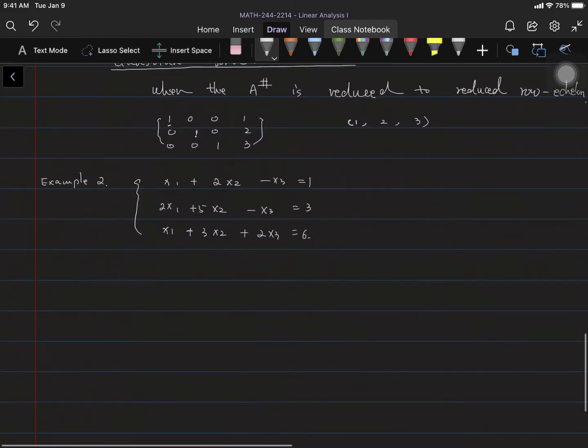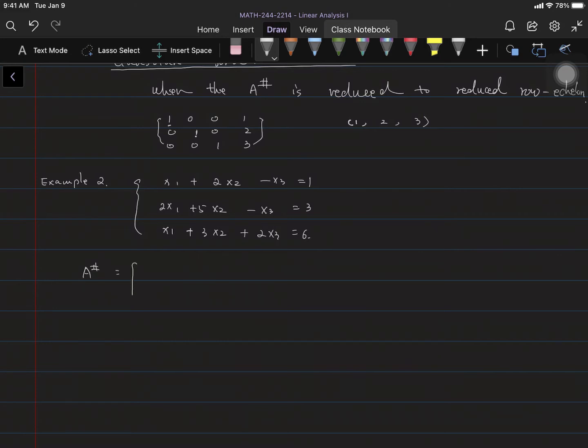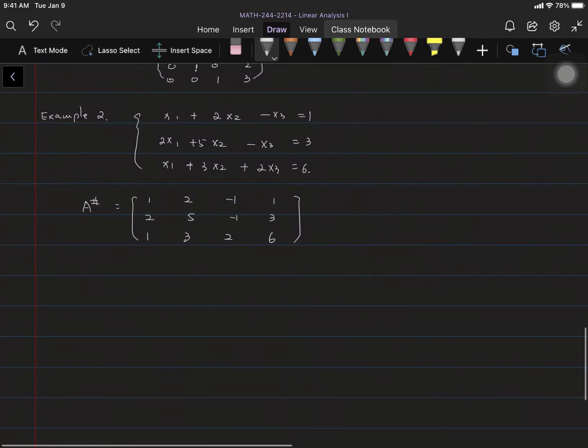Let's pick all the coefficients and the constants. This is the augmented matrix.